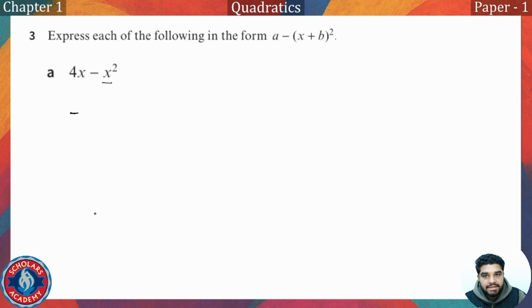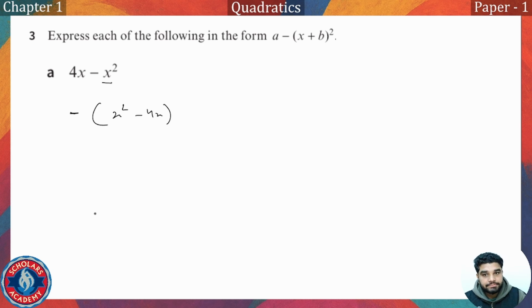If I take negative common, negative 1, we don't write 1, so just negative. If I take this common out, I get x square minus 4x. Now I'll continue like this. I'll do the completing of squares, and the negative b square that I get, I will bring outside. That will be my a.